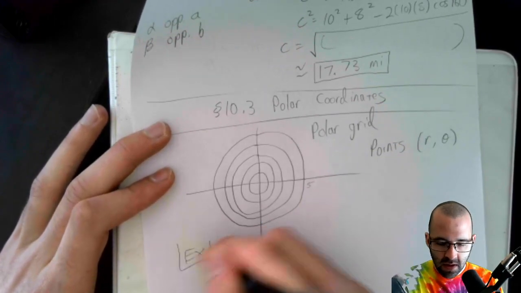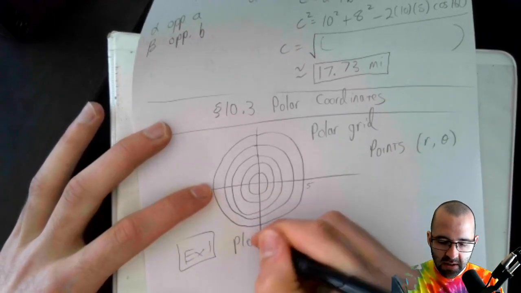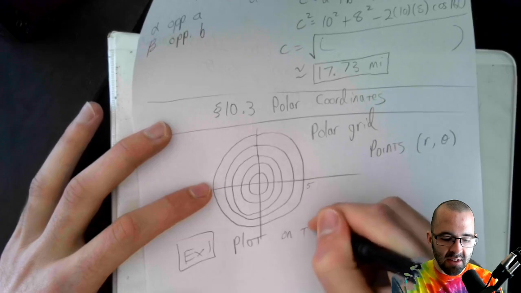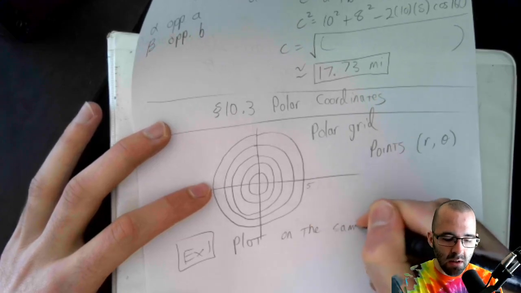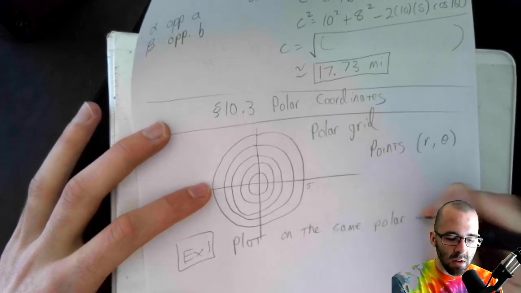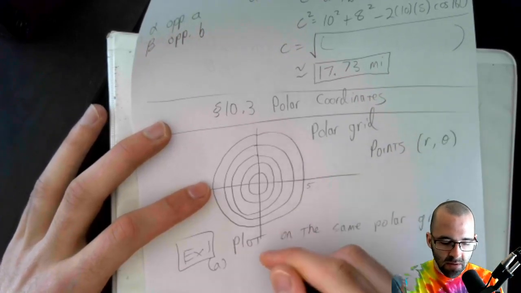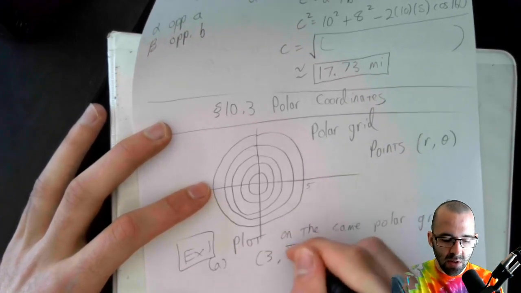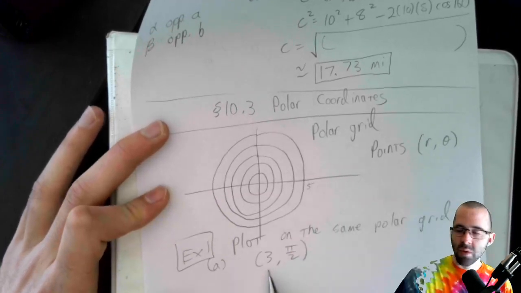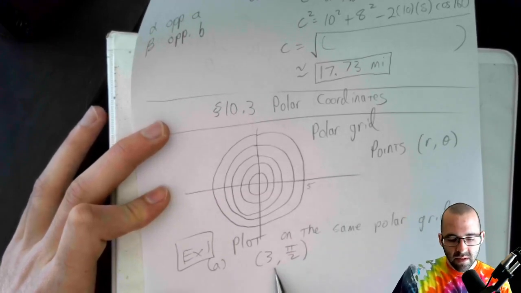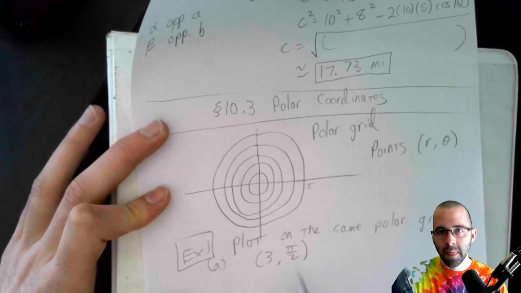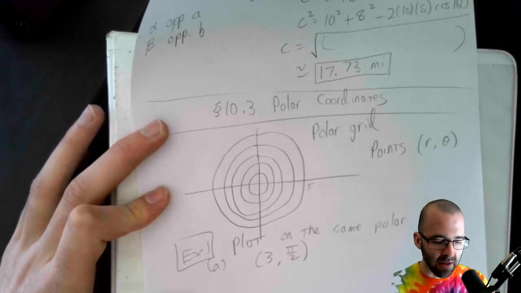Example 1. Plot on the same polar grid. Part A, the point 3 comma pi over 2. So this is a point with radius 3 and angle pi over 2. So pi over 2 is 90 degrees.